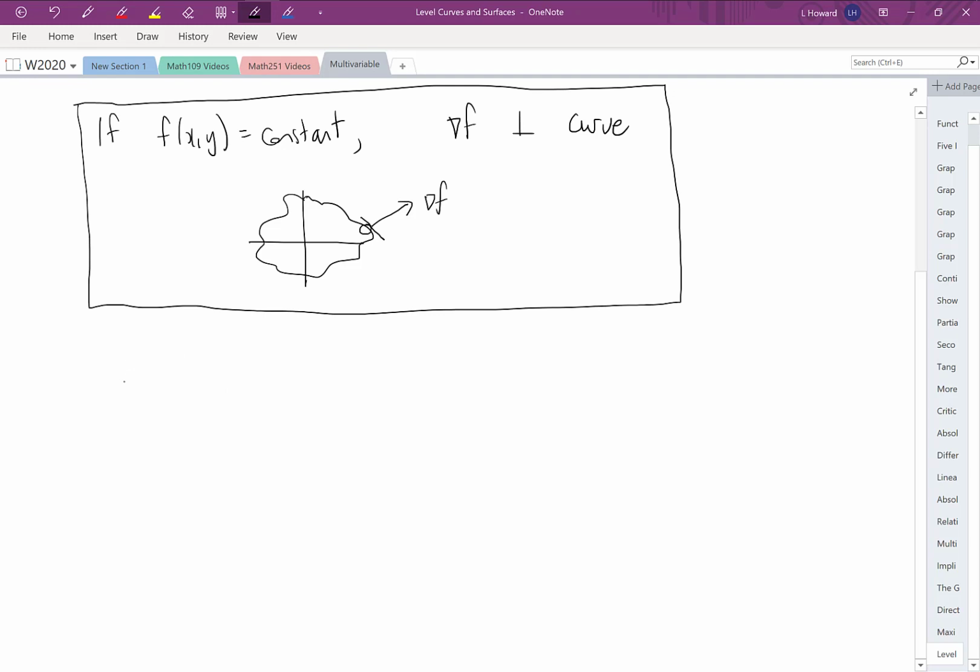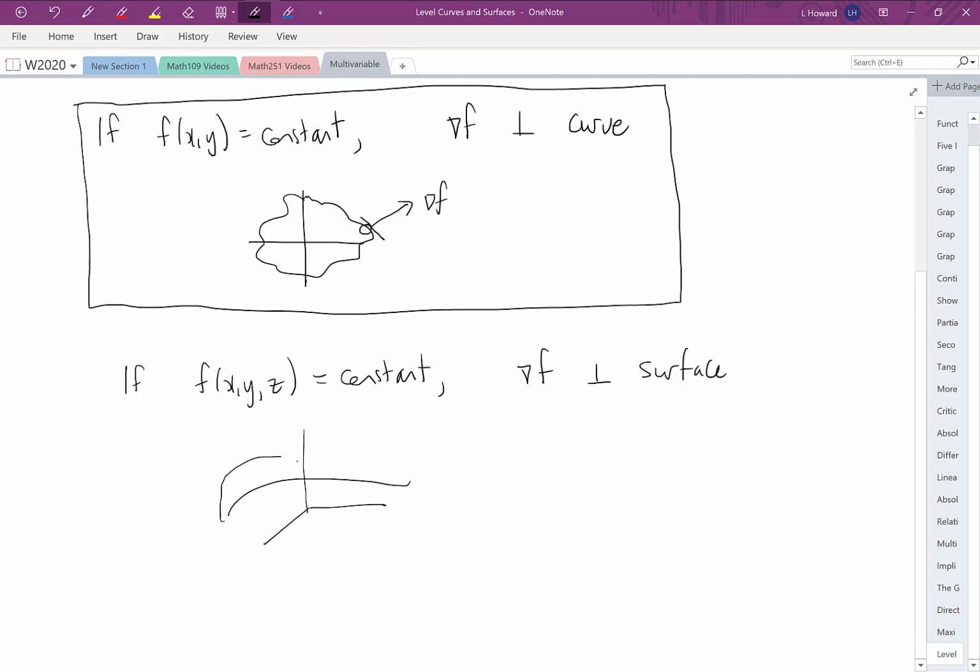There's a similar kind of fact for level surfaces. If someone gives you an equation like f of x y z equals a constant, then when you calculate the gradient vector, that's going to be perpendicular to your surface at whatever point you're interested in. So let's draw a picture here. Let's say we're in space and we've got some sort of surface. Maybe just for the sake of discussion, let's say our surface looks like that.